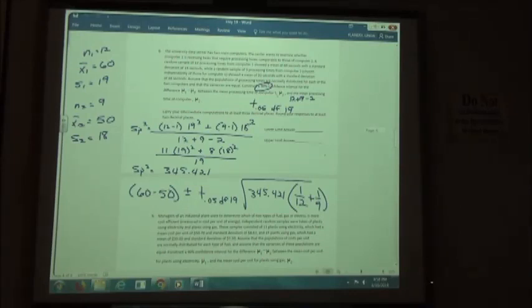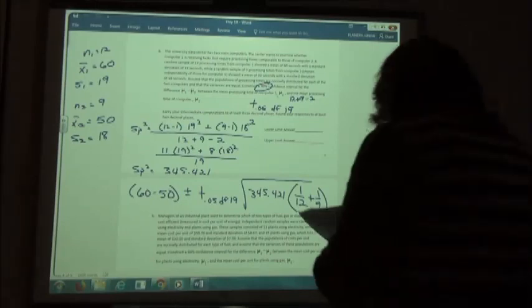And then we're going to have the 345.421. Parenthesis, 1 divided by 12. Click behind the fraction. Plus 1 divided by 9. Click behind the fraction. Close that parenthesis. Hit equals.